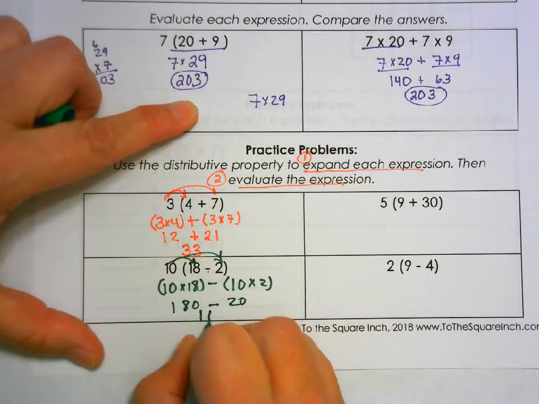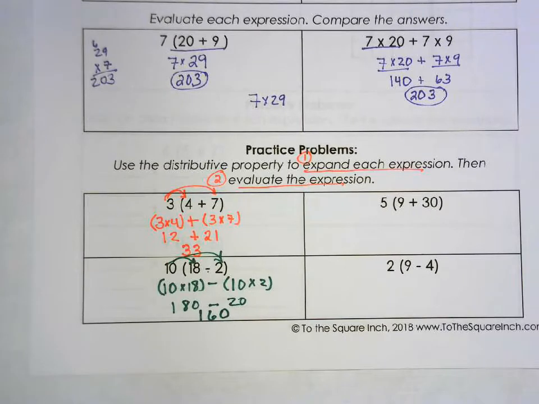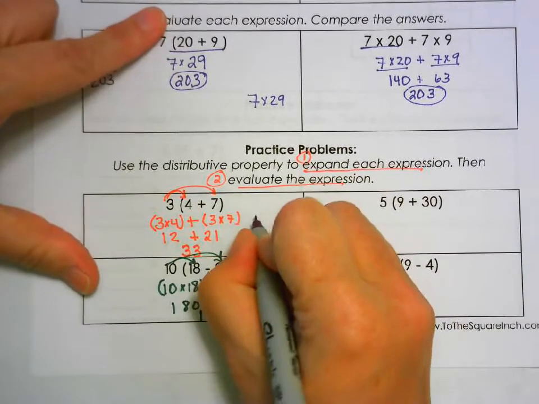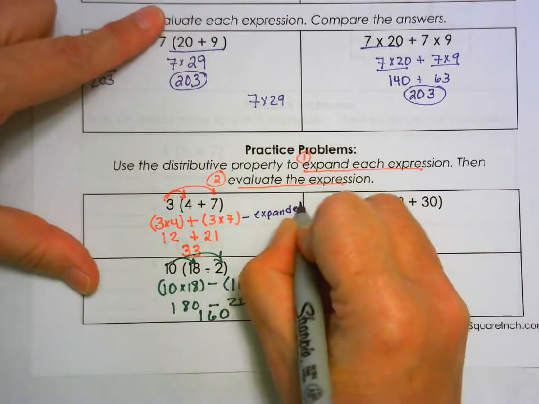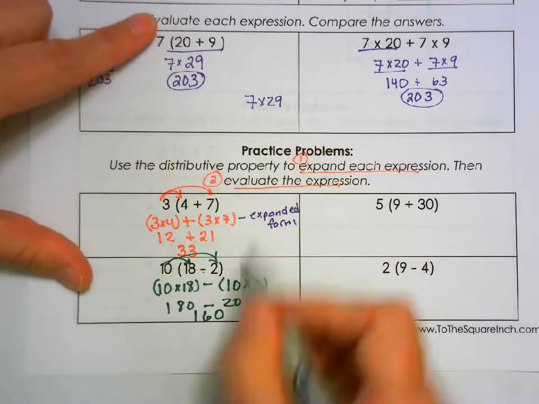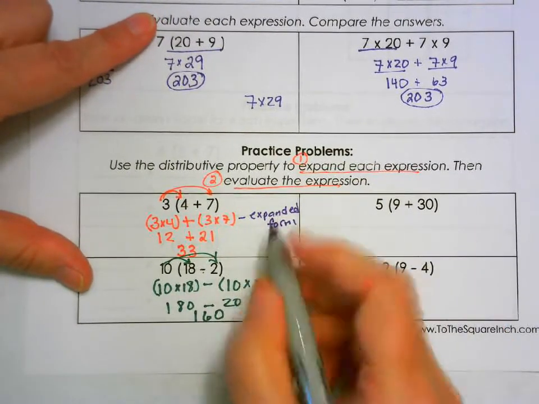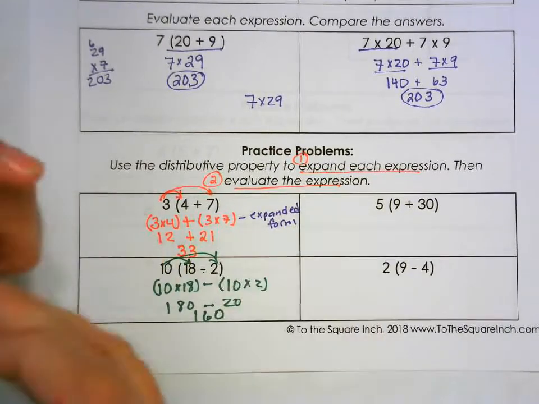And the answer is 160. Please remember that this is the expanded form, and the directions ask for us to do both the expanded form and the value of the expression.